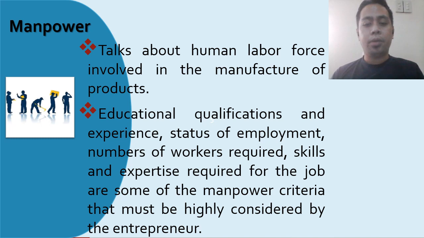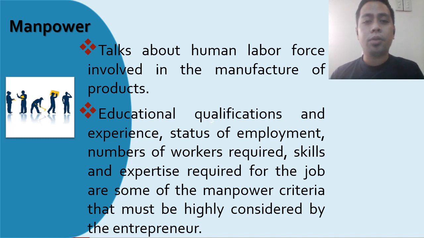These are some of the manpower criteria that must be highly considered by the entrepreneur. So manpower is the worker. So decisions on the number and types of workers that are required to operate the proposed business are needed. So if it's possible, break down the production into different stages and then decide the number of people needed for each stage of the process.